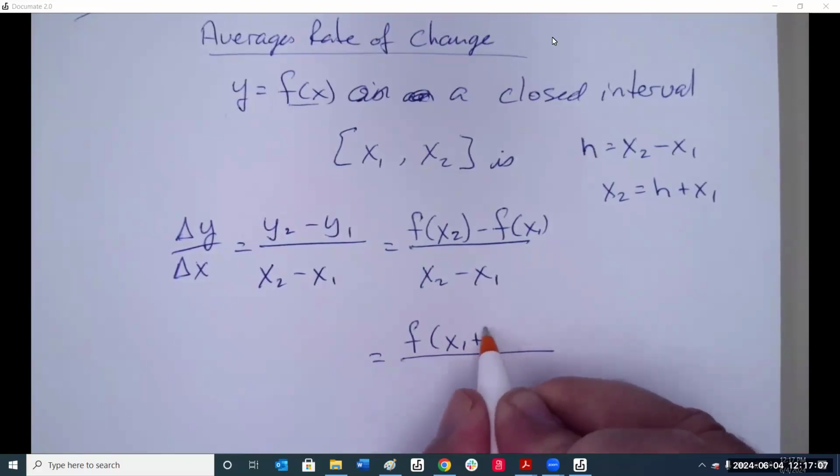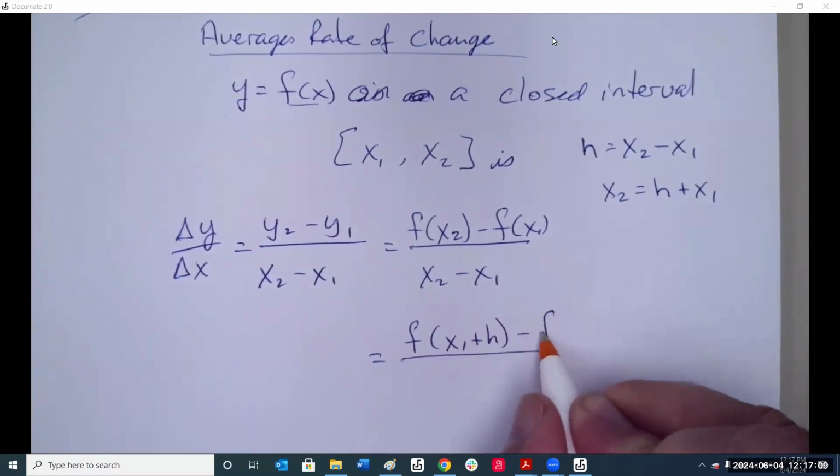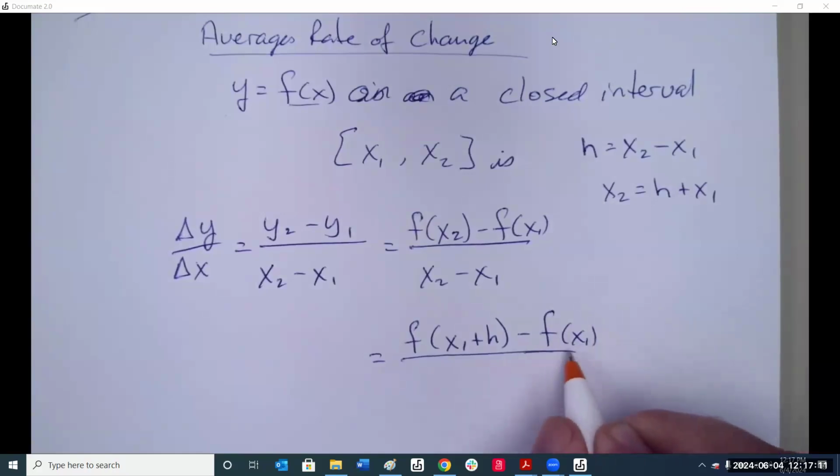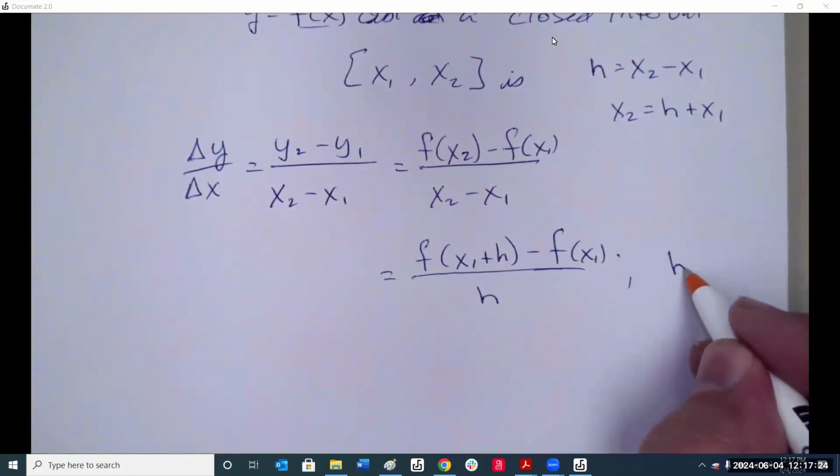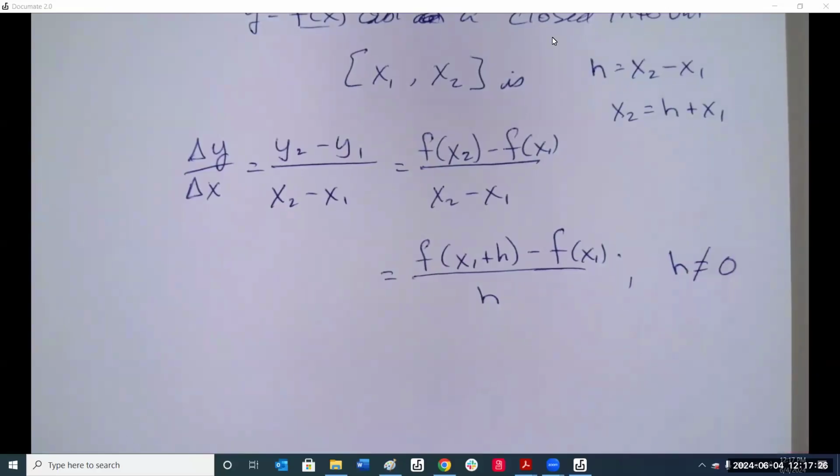So we have f of x1 plus h minus f of x1, over h. That's your average rate of change. You have to make sure that your denominator is not equal to 0. That will be taken care of later on.